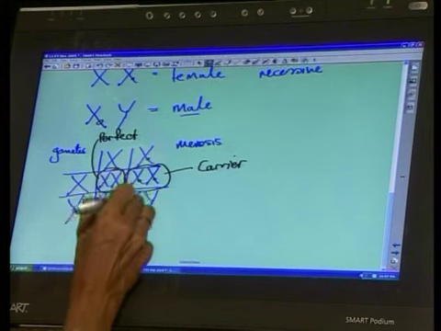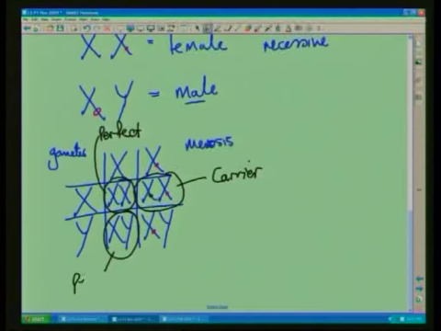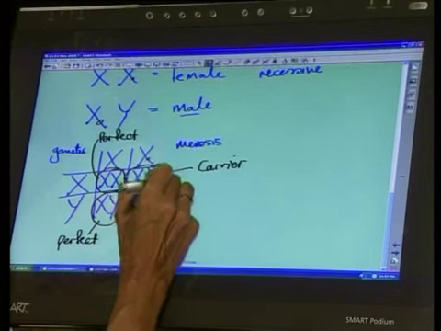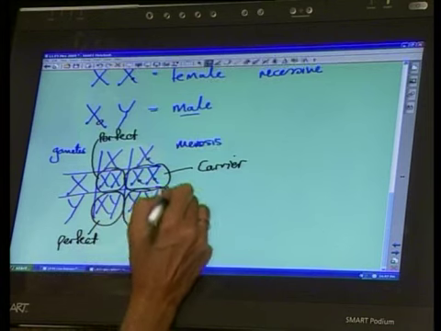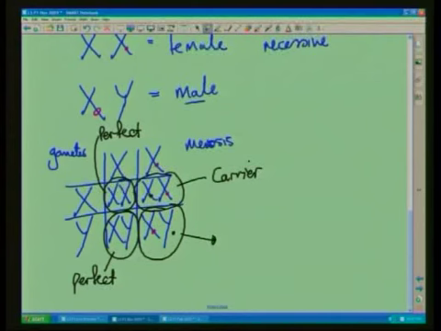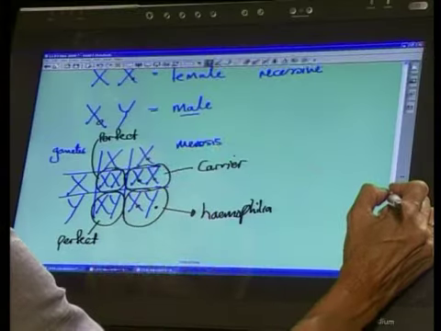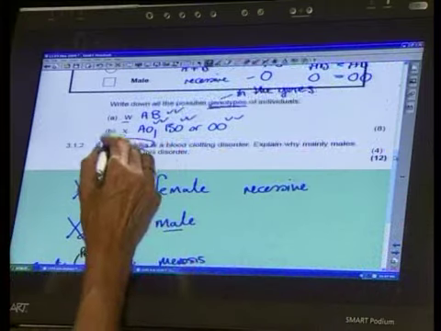This little boy here will be perfect. He will not have hemophilia. And this poor little one here, there's nothing here to compensate for that gene. So this little boy will end up with hemophilia. Okay, so the little boy ends up getting it. And that is the answer to this question.